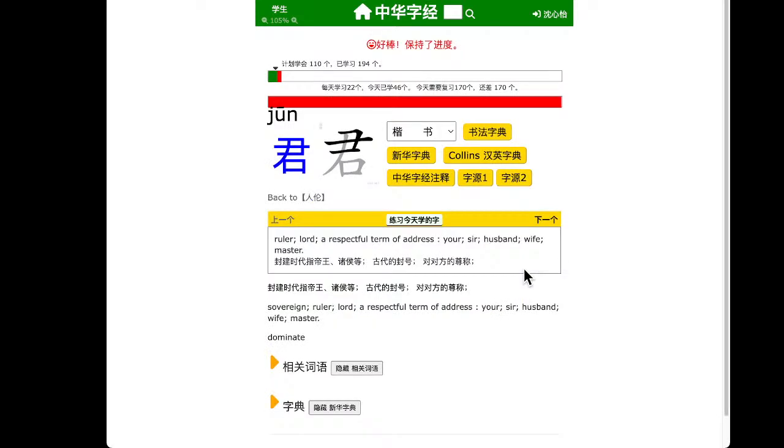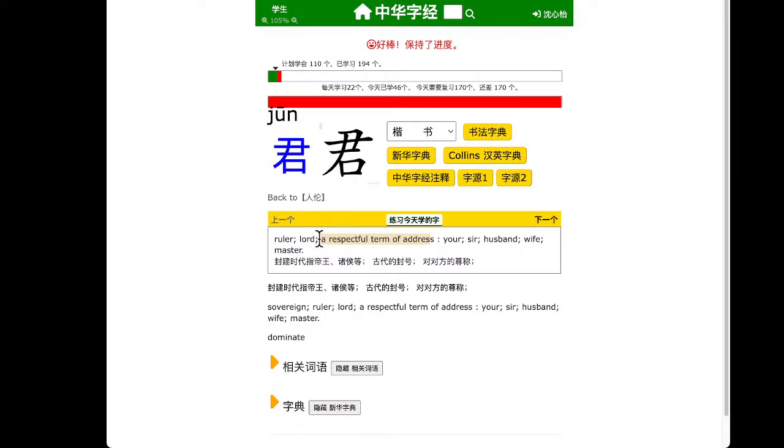君 has meanings such as a ruler or lord. These are like archaic social roles. 君主. How would you use that as a respectful term of address?